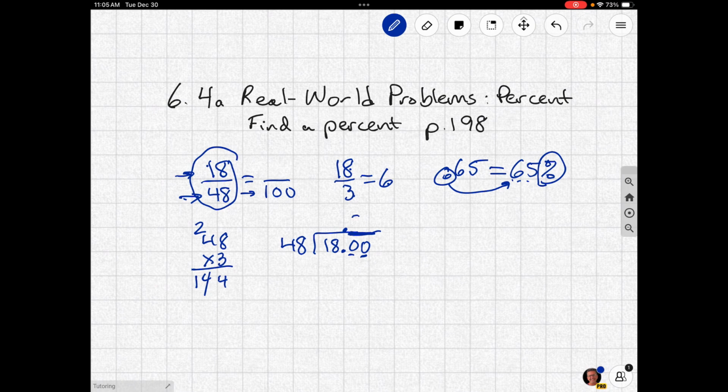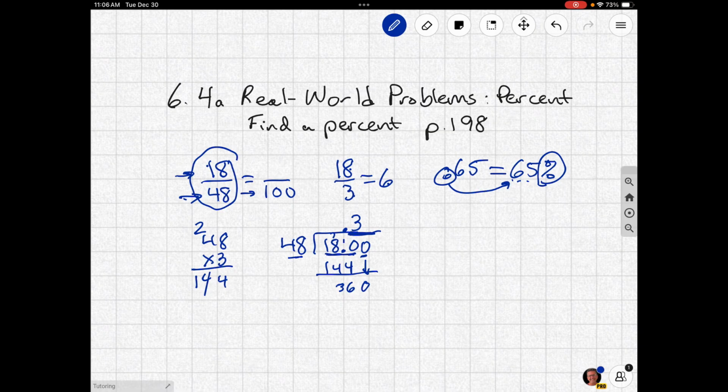So let's use 3 right here. I'm putting that into 180. 3 times 48, we just found out, is 144. We'll subtract, and we'll get 36. We got to regroup here, right? Now we bring down this other 0, and we're going to do 360 divided by 48.